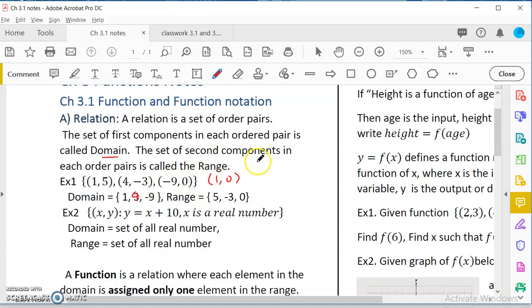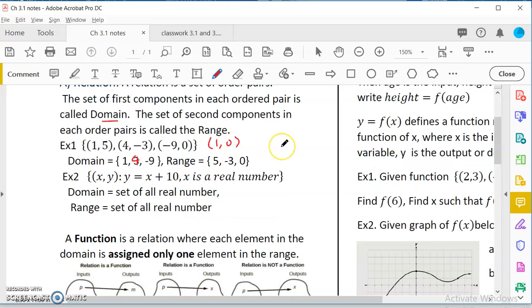What it means is 1 is related to 0. It's a relation. -9 is related to 0. 4 is related to -3, like that. Sometimes we say 1 maps to 0, -9 maps to 0, 4 maps to -3, by using a mapping diagram where we have the set of the domain on one side, like 1, 4, -9. This is the domain, and then this is the range.